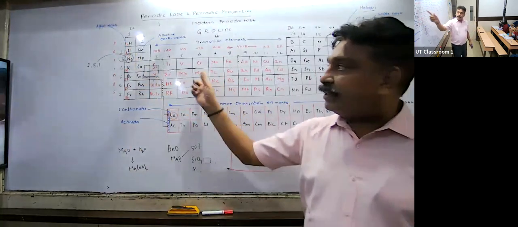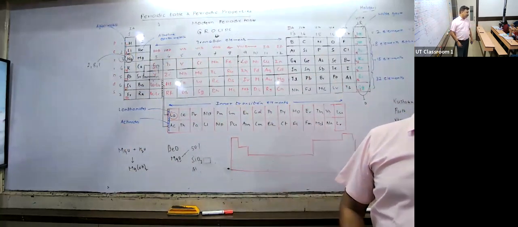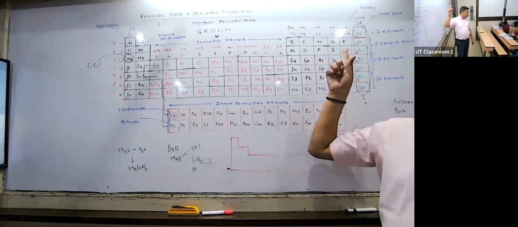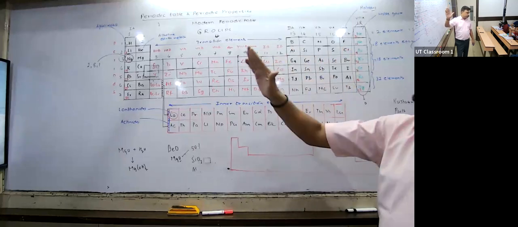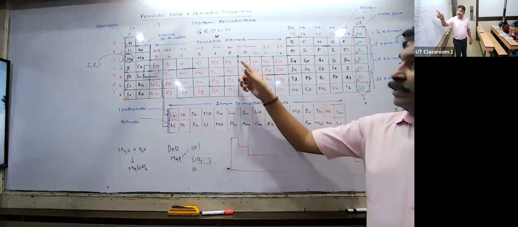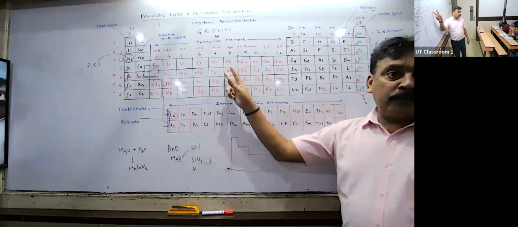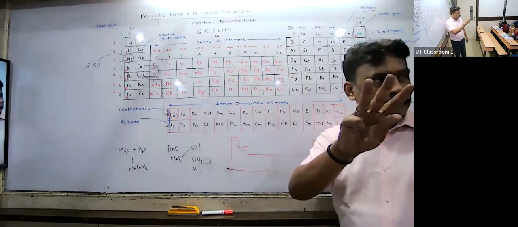But in a period the properties are different because the number of electrons in the outermost shells is different, therefore there is a gradation in the properties. In a period, if the period is the same but the groups are different, the properties will be different. Clear? Here these elements have the last 2 shells incompletely filled, and here these 2 elements have the last 3 shells incompletely filled. Okay, yes sir.